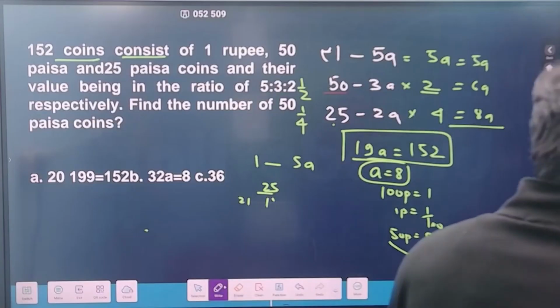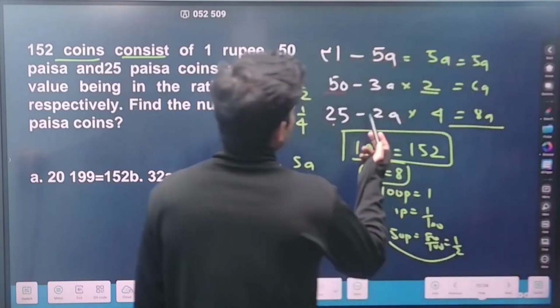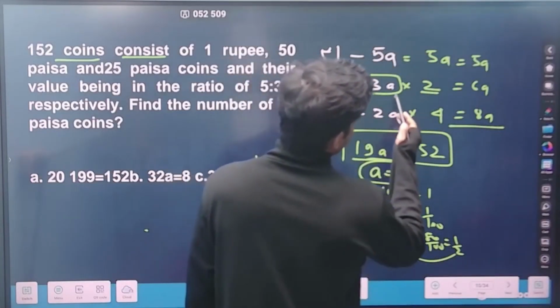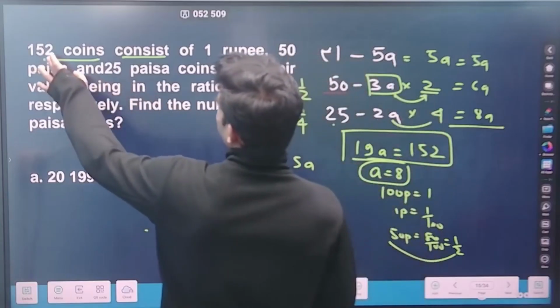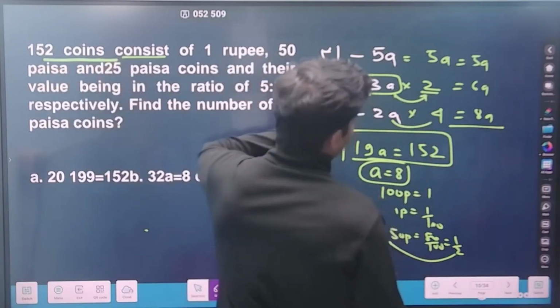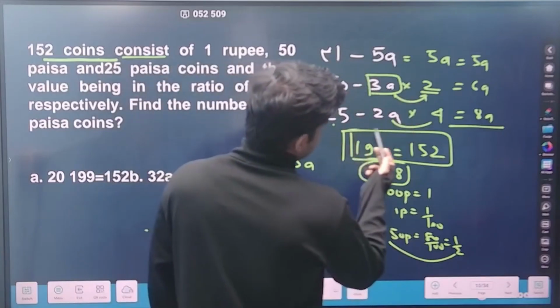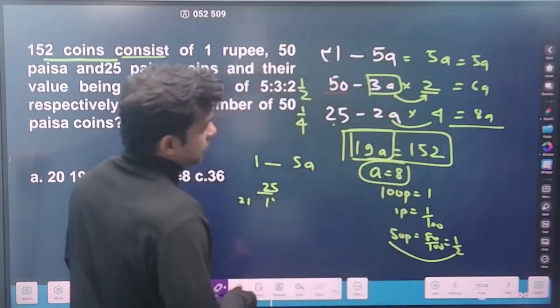No, what I am doing here is not multiplying this, I am multiplying here. This is the number, figuring out the coins. These are basically coins, the sum of coins. I am equating this value with the coins.